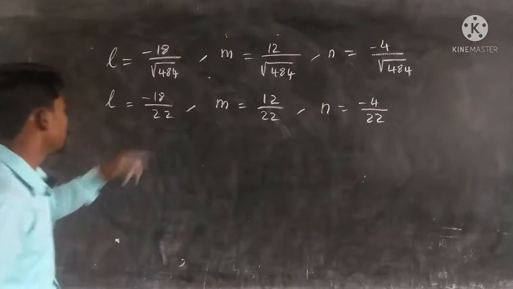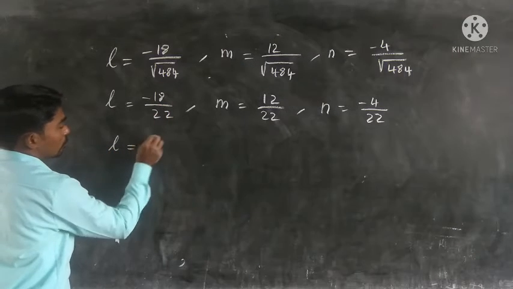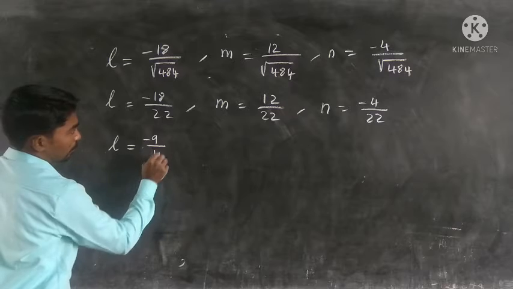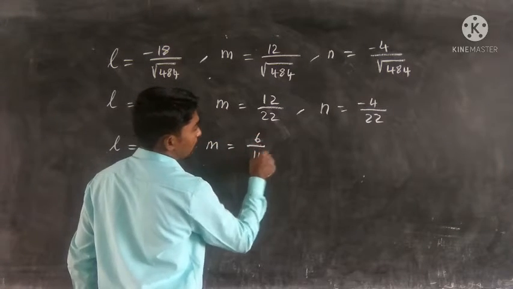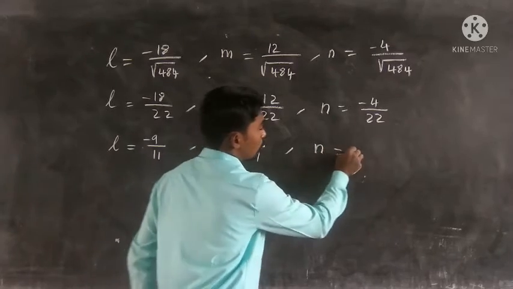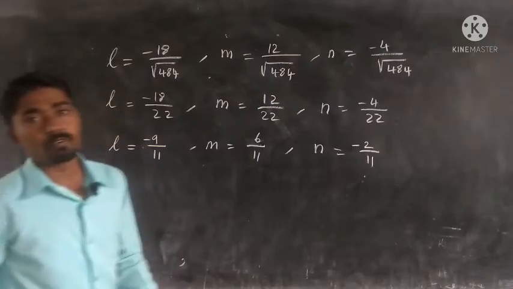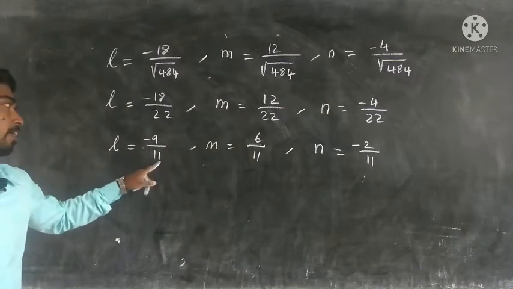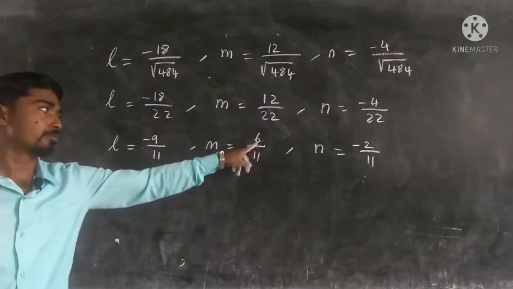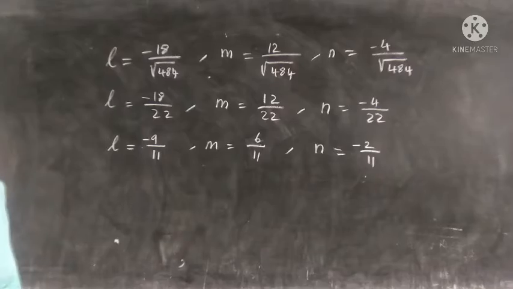We can cancel the common values, then we get l is equal to minus 9 by 11, m is equal to 6 by 11, and n is equal to minus 2 by 11. Therefore, the direction cosines are minus 9 by 11, 6 by 11, and minus 2 by 11.